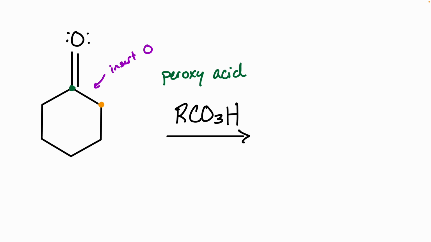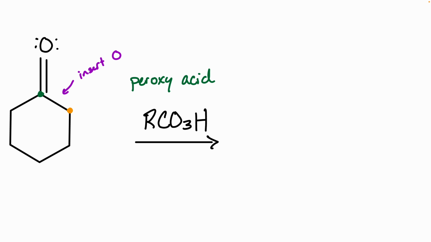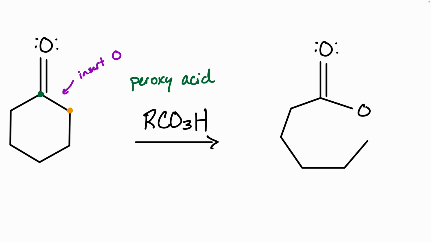So that means that we keep our aldehyde or ketone, our carbonyl group. But now this is going to have this oxygen on this side, meaning we're going to grow our ring to be a 7-membered ring, which is always fun to draw.